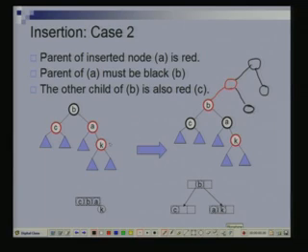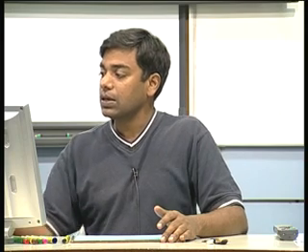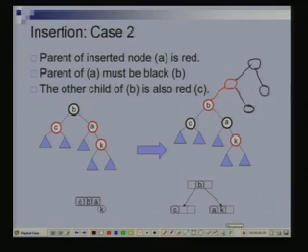If you look at the previous case, we looked at the parent node's sibling, whether it is red or black. And so it is this node whose color we are worried about, and this node can still be red or black.